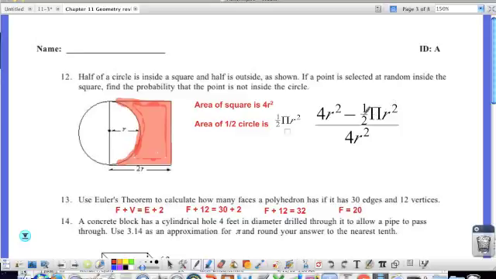So you set that up: the area of the square minus 1/2 of the area of the circle, divided by the area of the square.